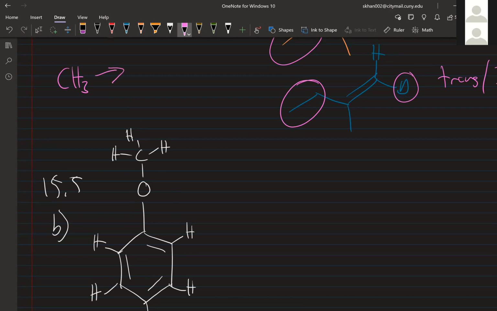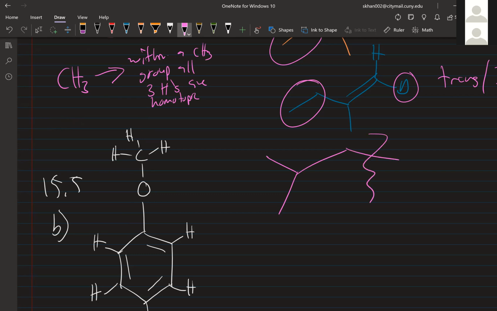But within a CH3 group, all 3 H's are homotopic, which just translates to chemically equivalent. So it's quick: whenever you see those methyl groups at the end, they're always just going to produce one signal. But something like, let's say, an isopropyl group and the rest of the structure here, right?